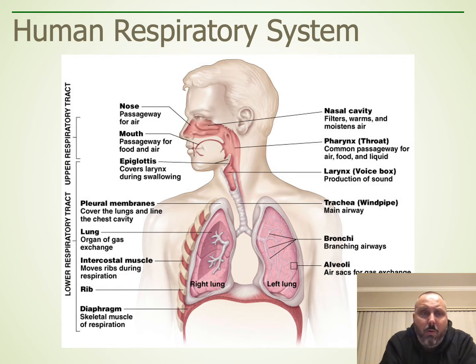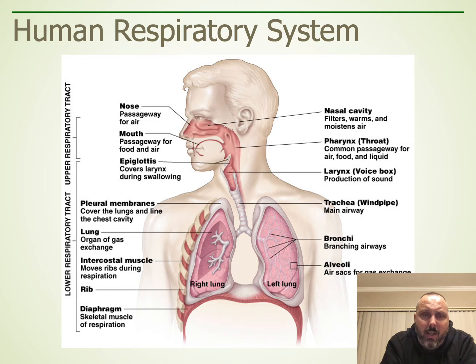So, for example, and we'll talk about it on the next slide a little bit as well, this kind of breaks it down. So the nose and the mouth are a passageway. The nose is really important in terms of making sure air is filtered and moist.